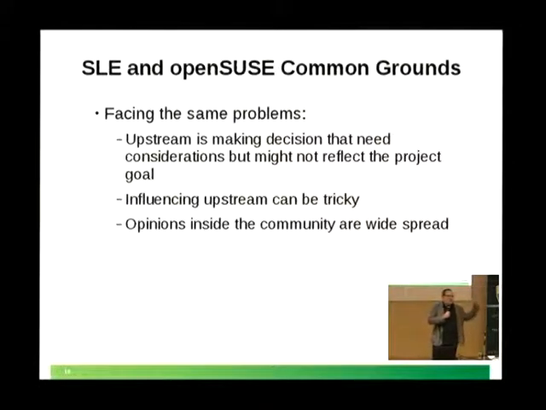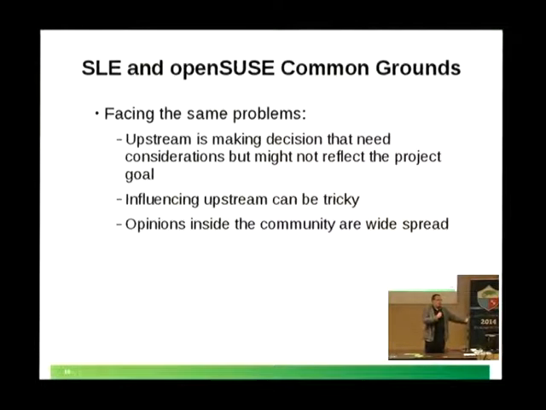These are problems that openSUSE is facing, because then also something might go wrong there. And those are also issues that we are facing. And of course, we're also facing them with our upstream project, which is openSUSE. If openSUSE makes a move, we also need to handle that as SUSE Linux Enterprise. And it's hard to influence decisions that are happening in the upstream project.